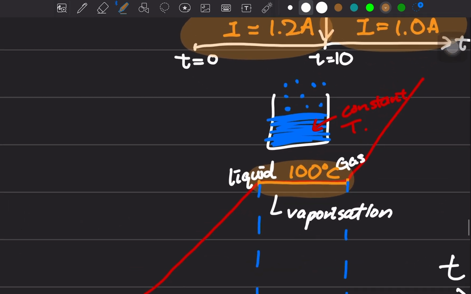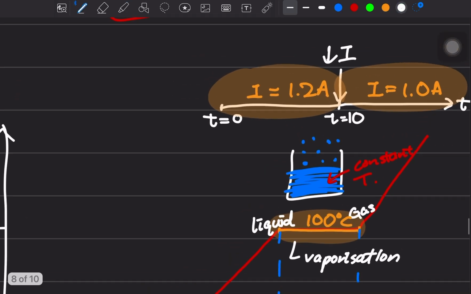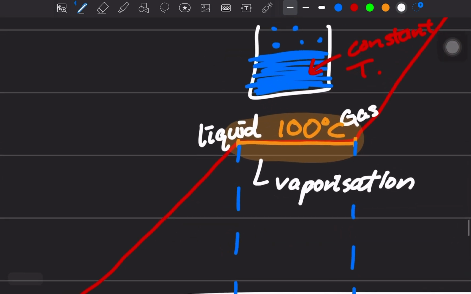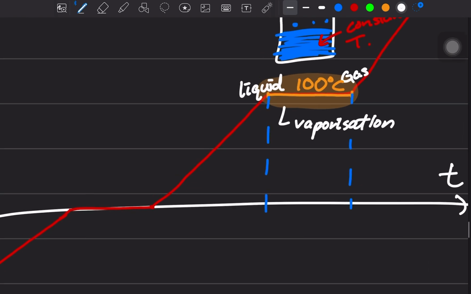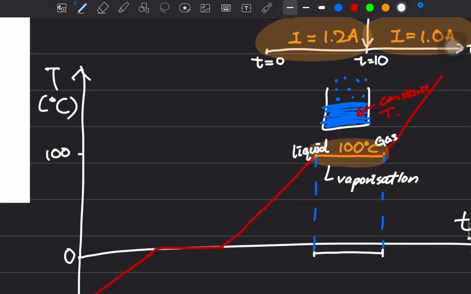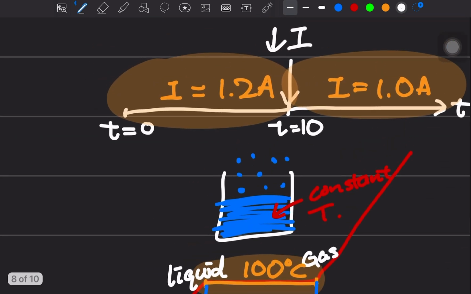Well, even though the current has a slight decrease, since we have a period of time that we have a constant temperature, even though the decrease of current might have taken place, we're still having boiling water right here, and the temperature of the water isn't going to change.